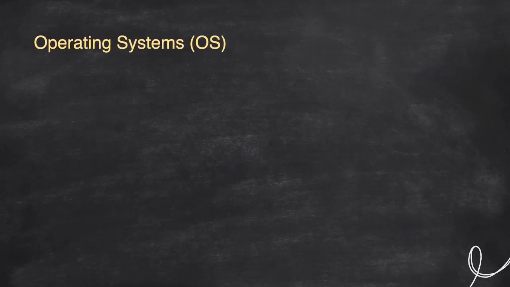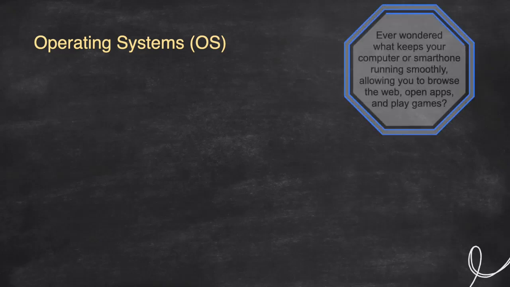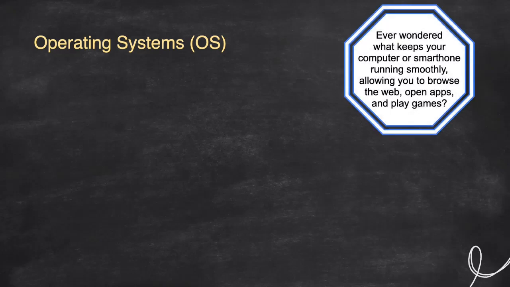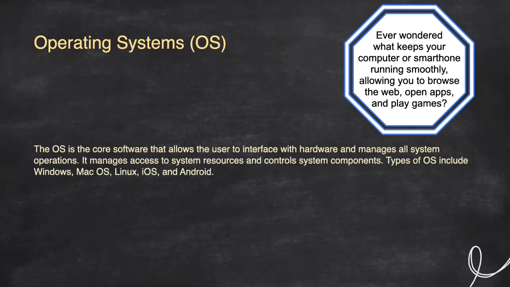Moving next, ever wondered what keeps your computer or smartphone running smoothly, allowing you to browse the web, open apps, and play games? Friends, let's talk about the operating system or OS, the essential software that bridges the gap between you, the user, and the hardware of your device.